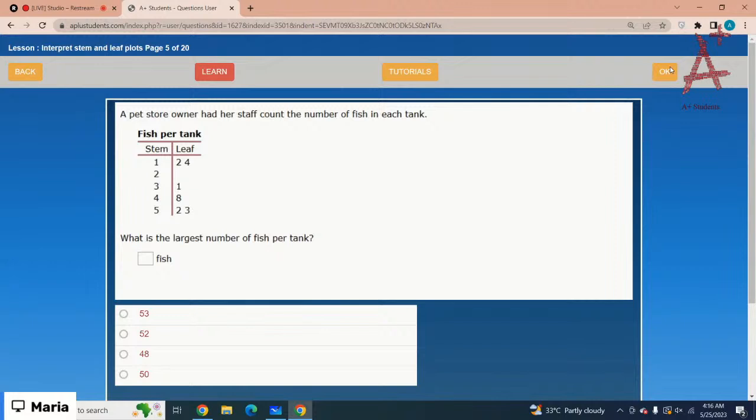Okay, the next one is a pet store owner had her staff count the number of fish in each tank. What is the largest number of fish per tank? So which is the highest value in the tank?